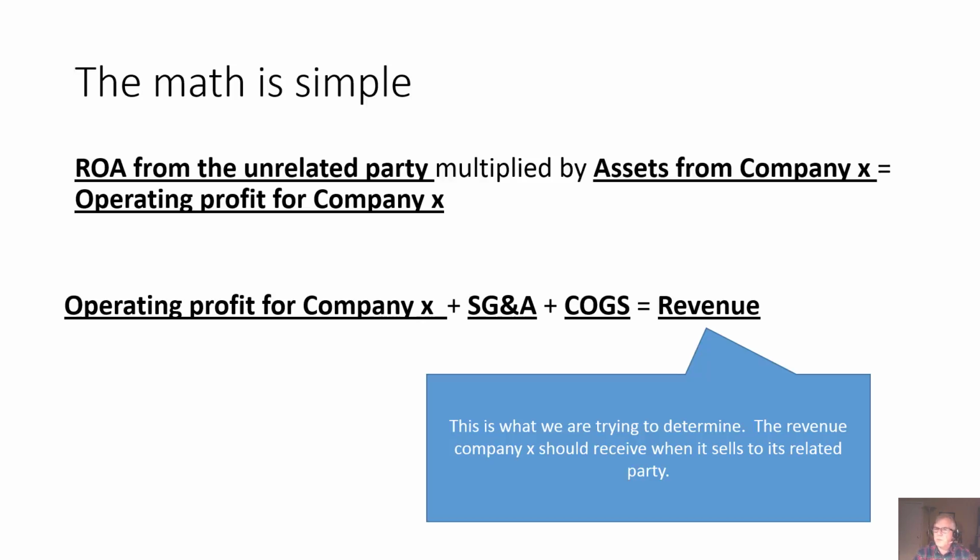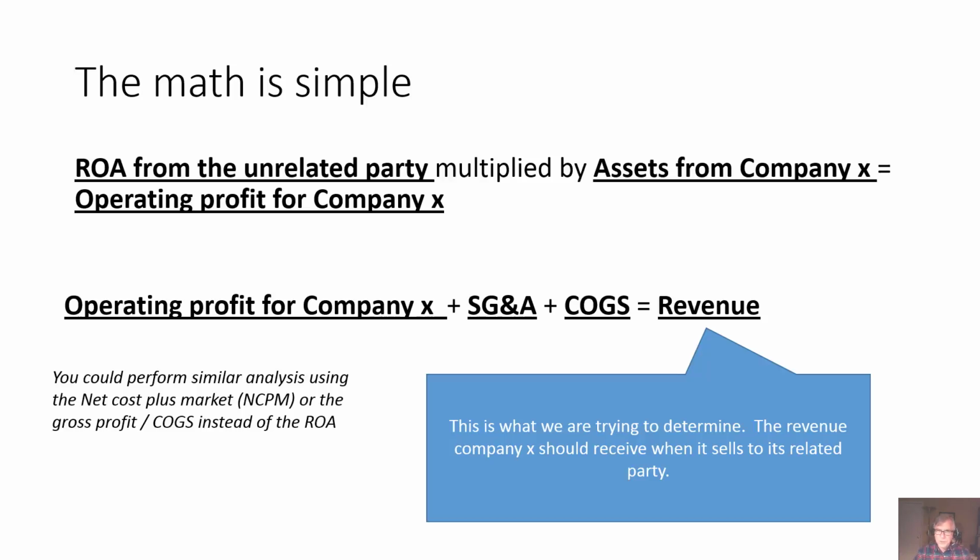We've set this whole problem up saying that company X is selling to a related party, so we have to figure out whether they're getting the right amount of revenue when they sell to that related party. We could do the same math, but modify it and instead use something like the gross profit margin or the net cost plus markup on total costs, which is somewhat similar to an operating margin.